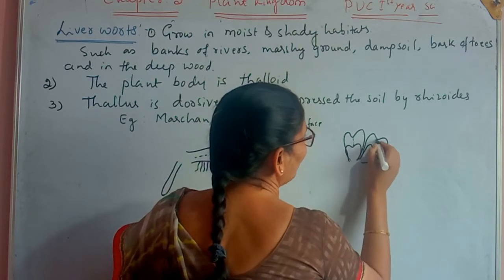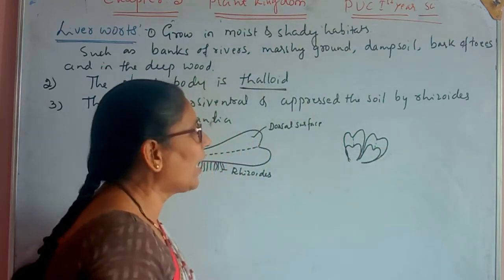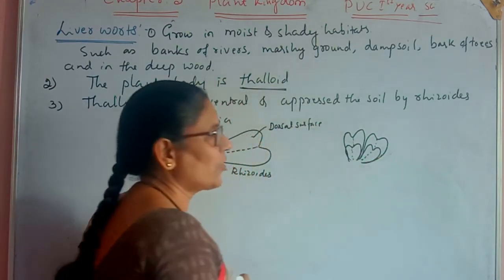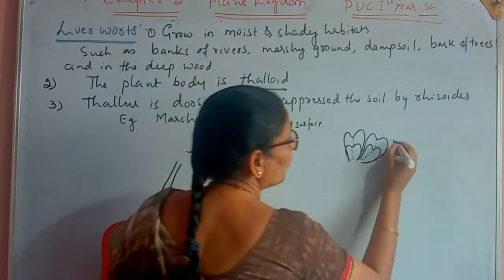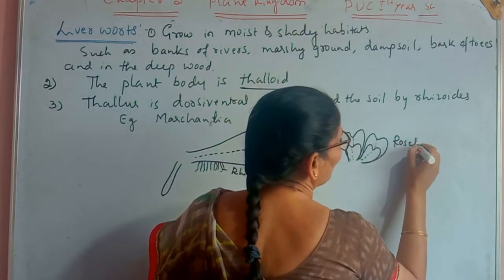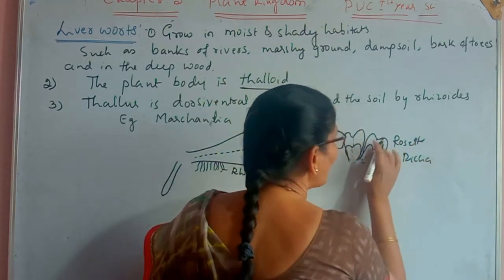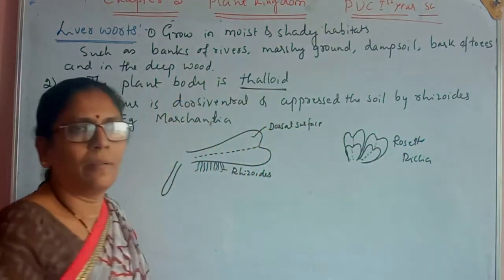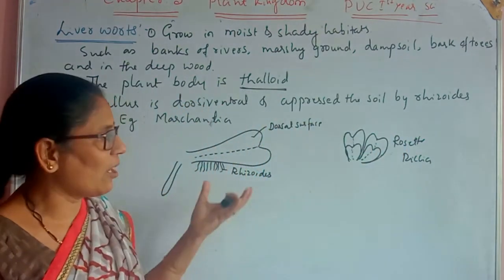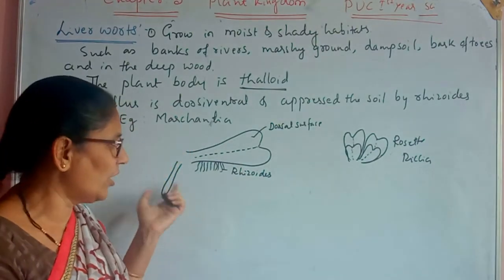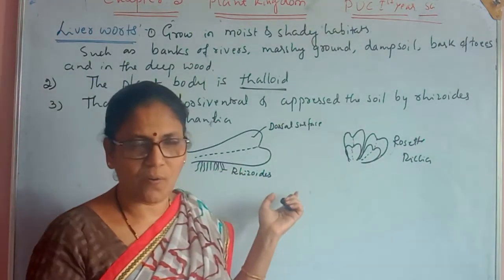A larger one is below and the smaller structure is above, in the form of a rosette. We see such thallus in Riccia. This is the dorsal surface and the other side is the lower surface, which is also attached to the soil with the help of unicellular, unbranched root-like structures, rhizoids.